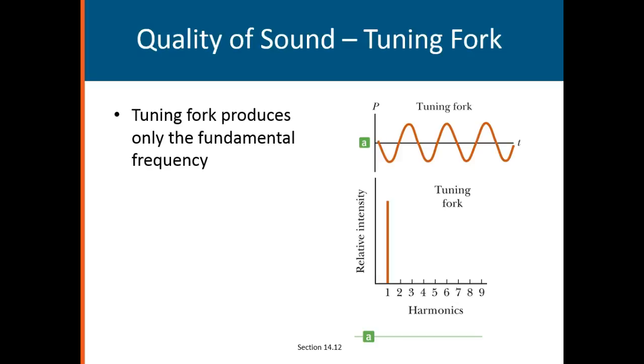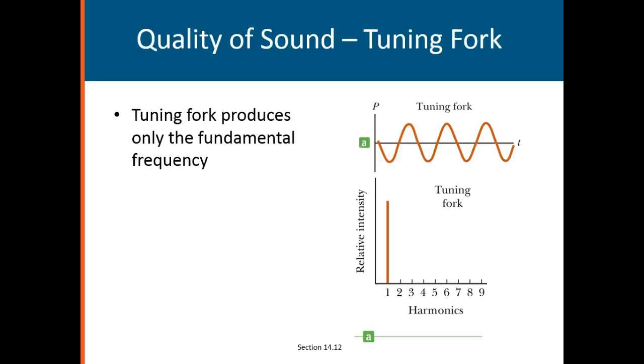Okay, right. So, a tuning fork produces only the fundamental frequency. When you strike a tuning fork, you only get a fundamental frequency. Striking it harder doesn't make it go up or down in frequency, it just makes it louder, but you keep the same fundamental frequency.